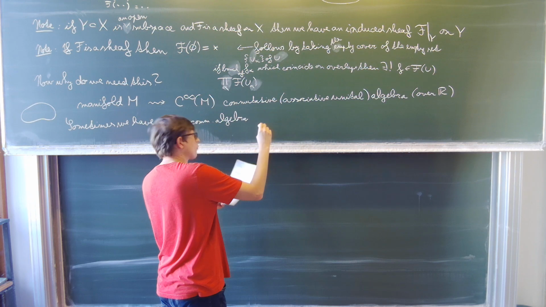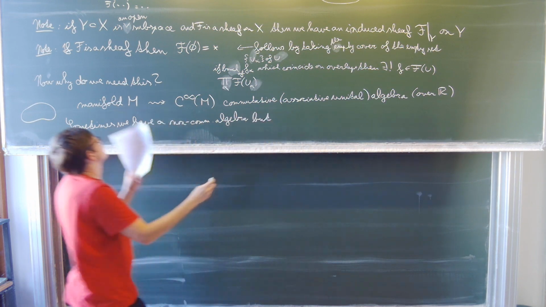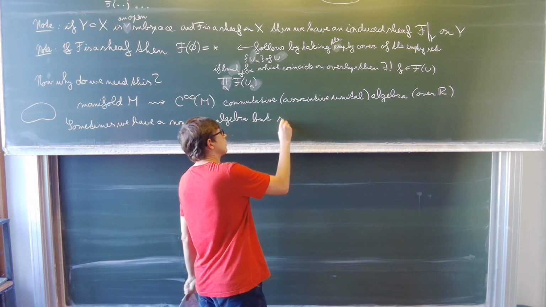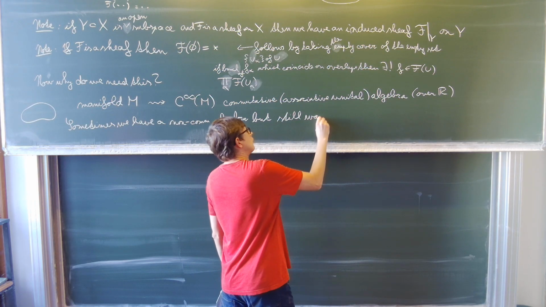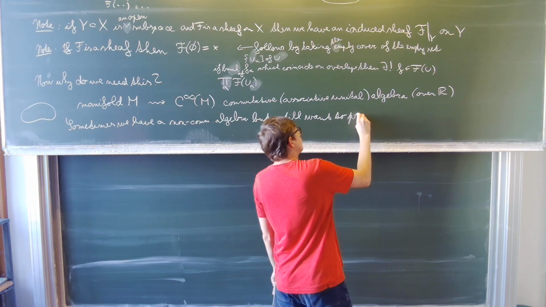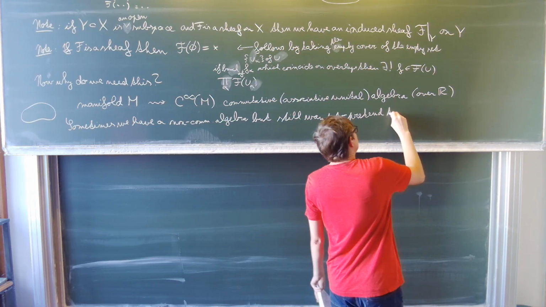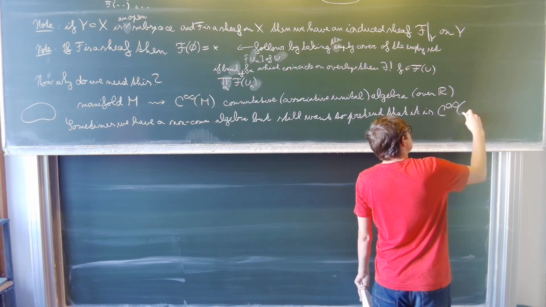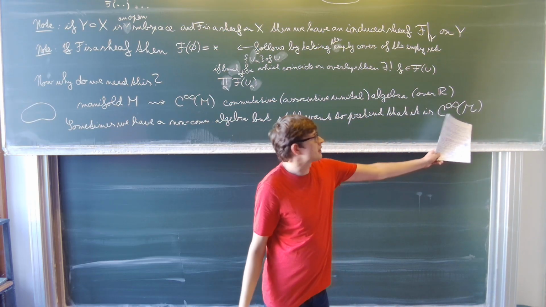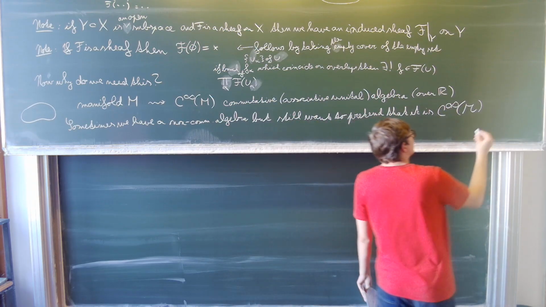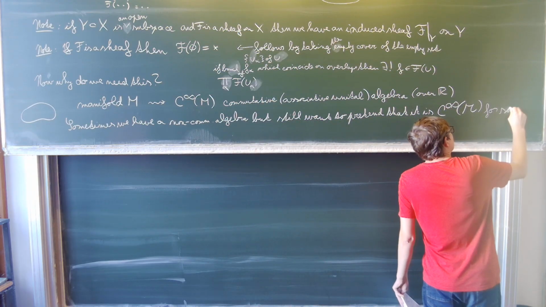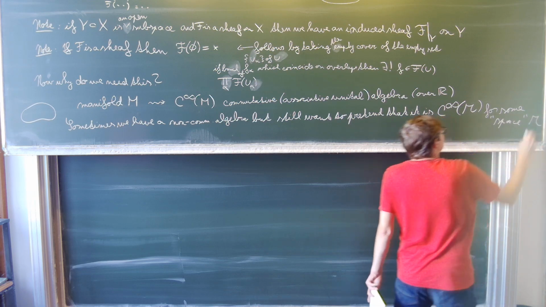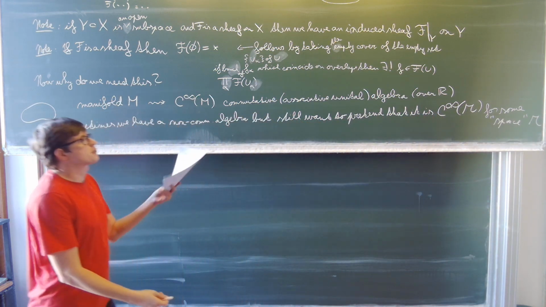But for some reason, we still want to talk about it as if it were an algebra of functions on some space. So I want to pretend, and I will comment on that in a second, that it is C infinity of some curly M, or some space in quotation marks M. Of course, that space is not really a space.